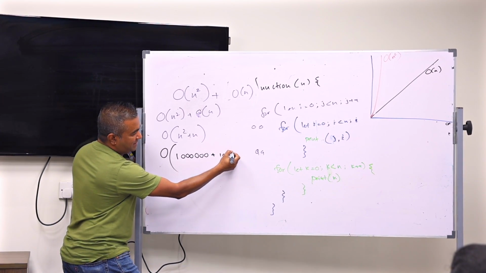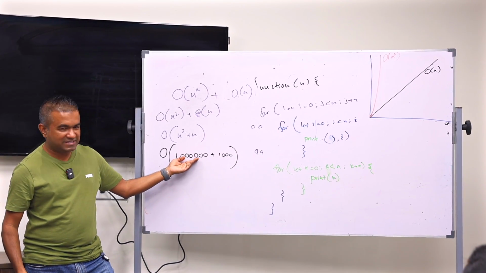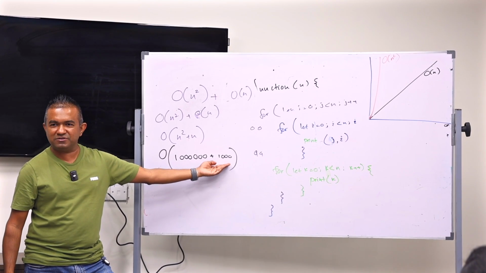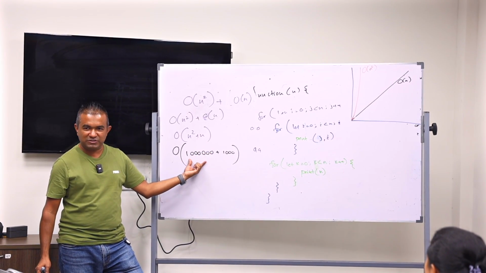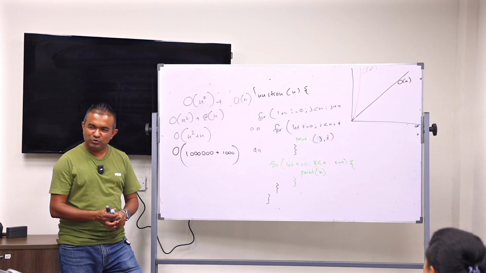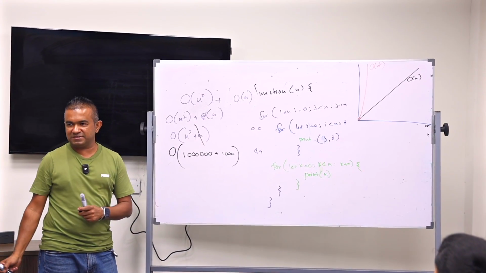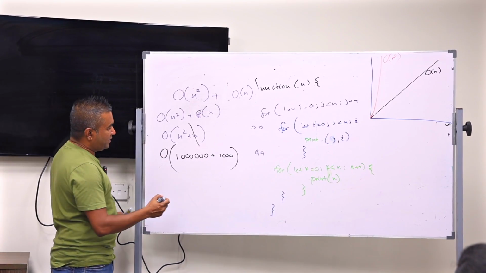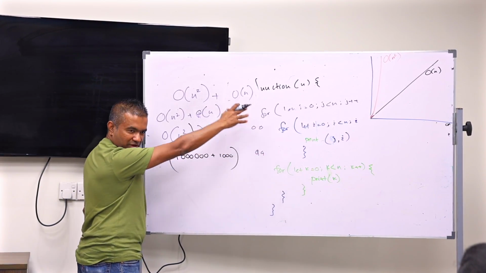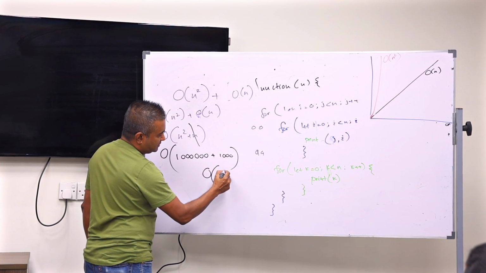So, now you will see when it comes to the operations, when you compare, this is minuscule, this is negligible. Which one is dominant? This one is dominant. So, what we do is we drop the non-dominant, right. We do not write it like this. What we write is, even though the algorithm is like this, we write O n squared.